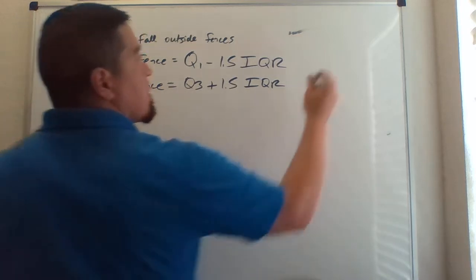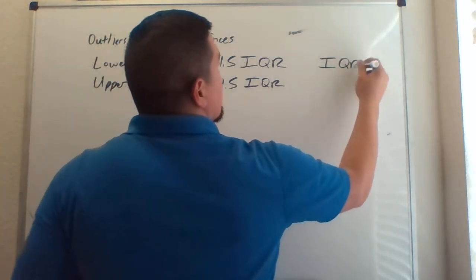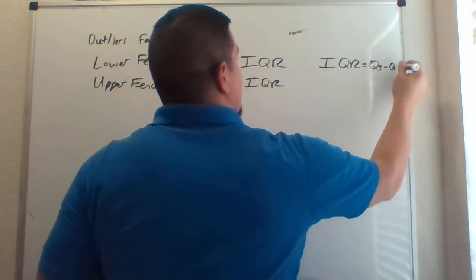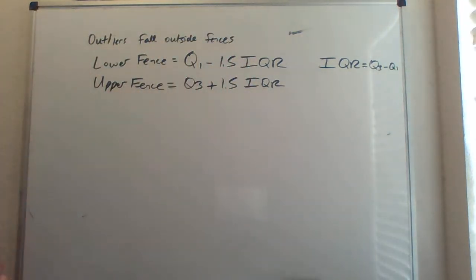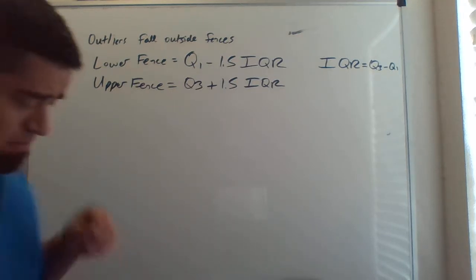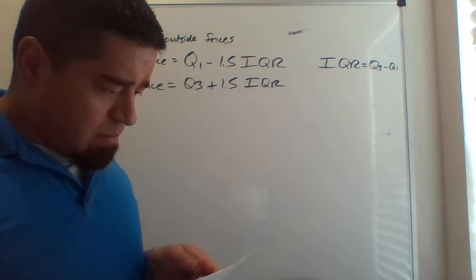Okay, and then the IQR, I'll give you that, was calculated by just Q3 minus Q1. Okay, so anything outside that would be considered outliers, any numbers in a data set. That's the second method, the outliers.